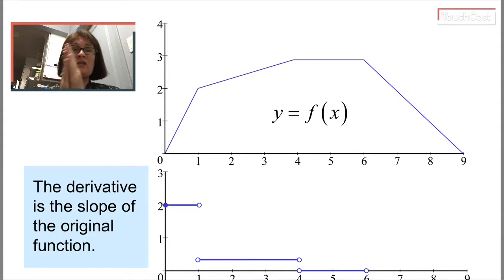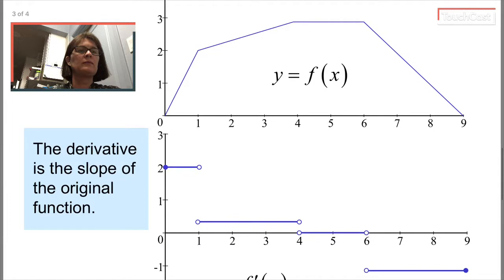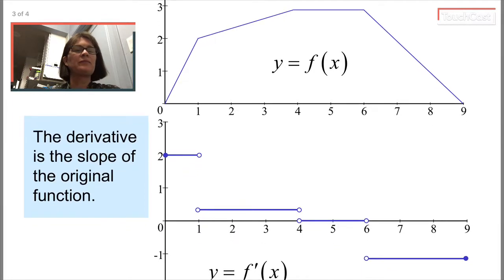So I'm going to march piece by piece along this function and find the derivative and use that to find the altogether derivative of the function, which I'm going to graph down below.